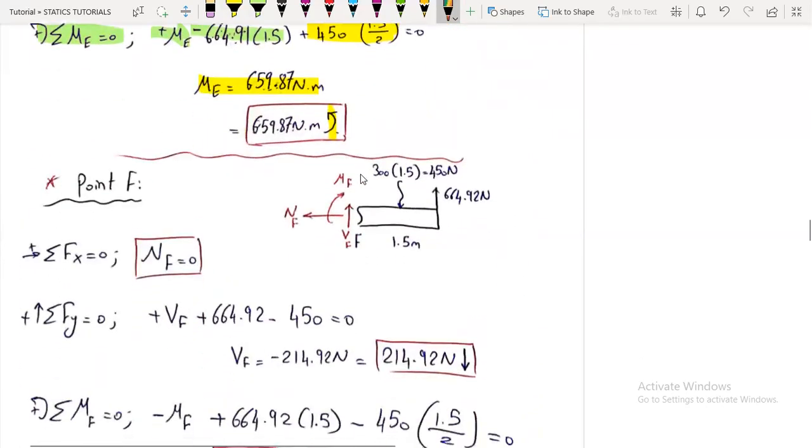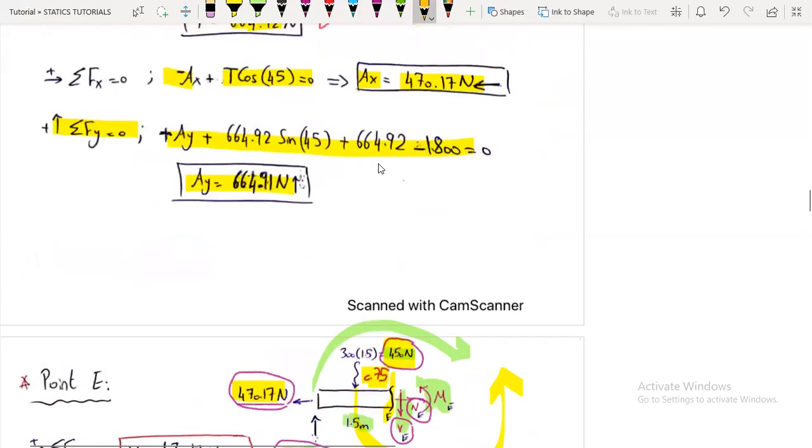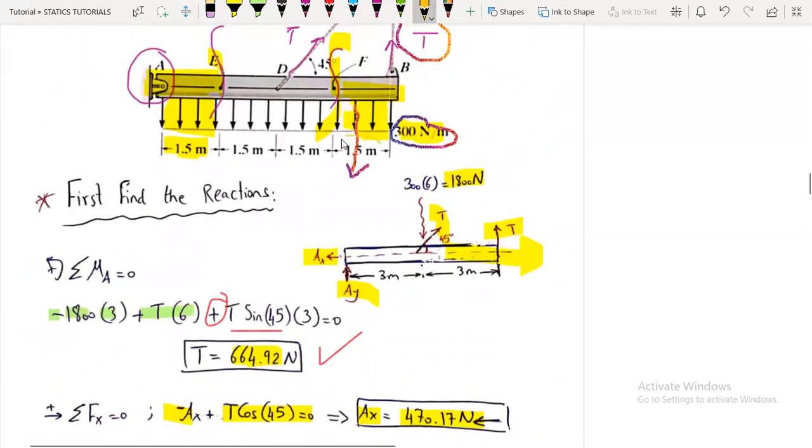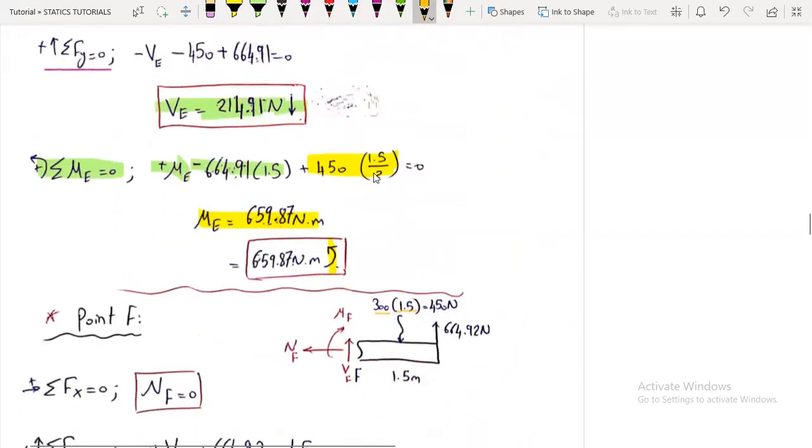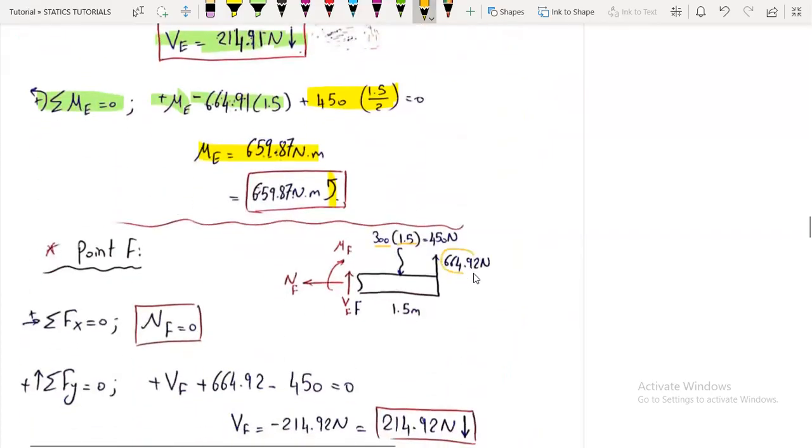So here is the resultant, which is the 300 newtons per meter multiplied by the distance, which is 1.5 meters. And the tension force, we have already found it, the reaction parts, and we have the internal loadings.